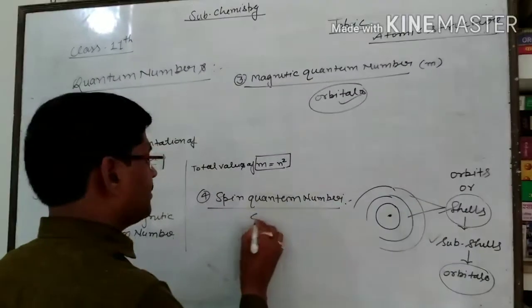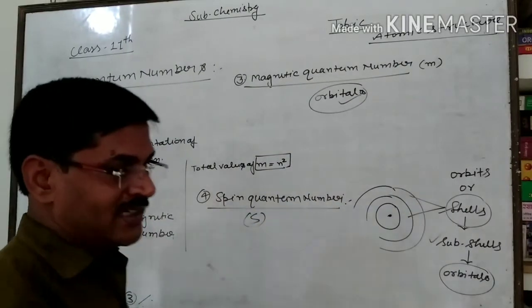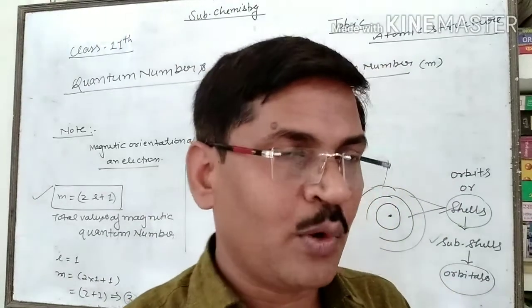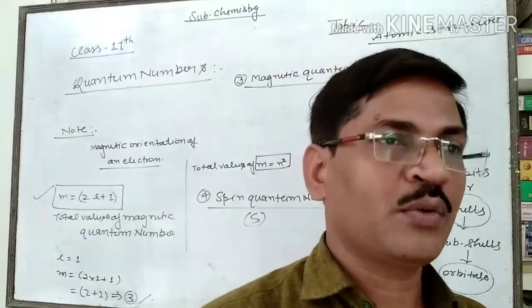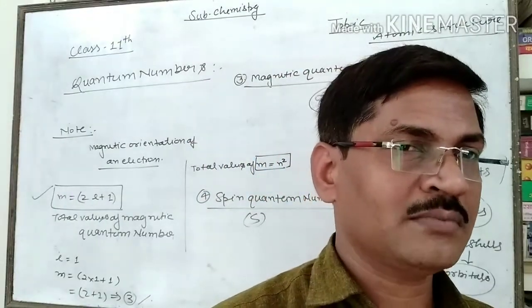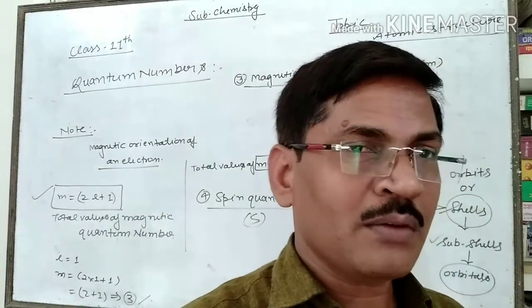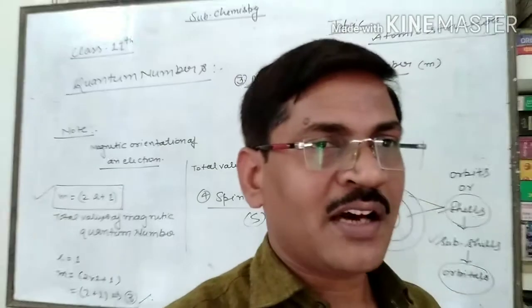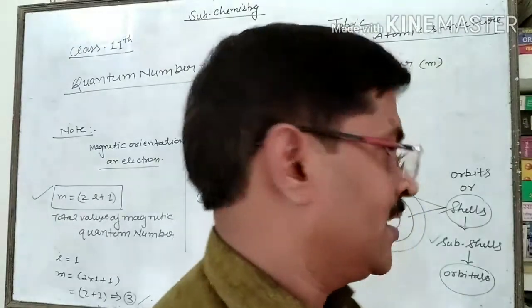As I told you, it is represented by s. When an electron is revolving around the nucleus in an atom, it also revolves over its own axis. It may be clockwise or it may be anti-clockwise.